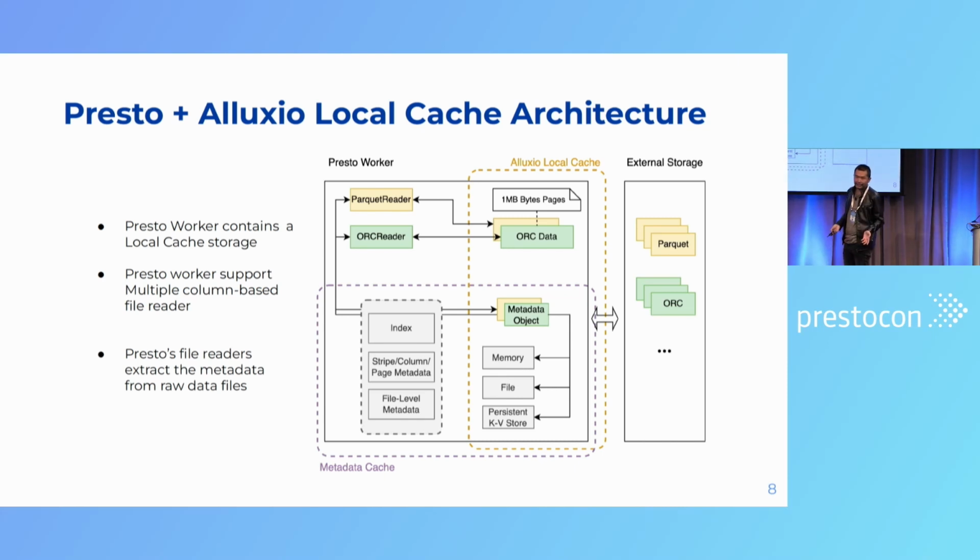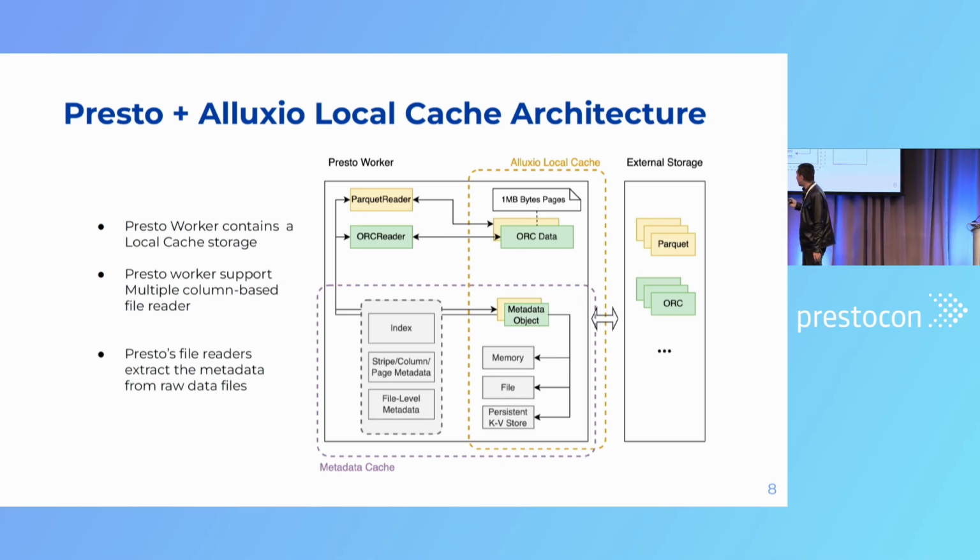But other companies may have a unified cluster to handle all the queries. So in this case, we might see a lower cache hit rate. That's the first reason why we want to put it separately. Then we can have a much higher hit rate just for the metadata.